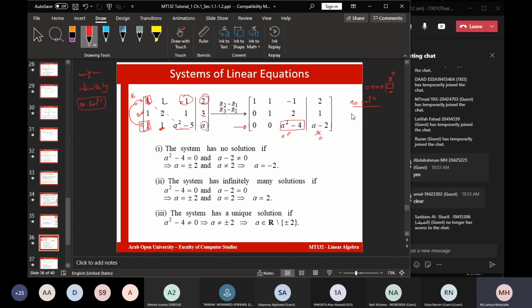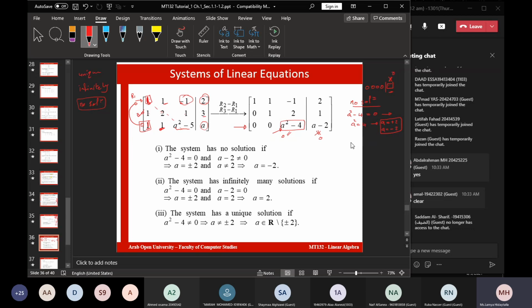We will have a square minus 4 equal to 0. This implies a square is equal to 4. This implies a equals plus or minus 2, either a equals plus 2 or a equals minus 2. Correct? Okay. So these are the only two cases that will give me that this is equal to 0.